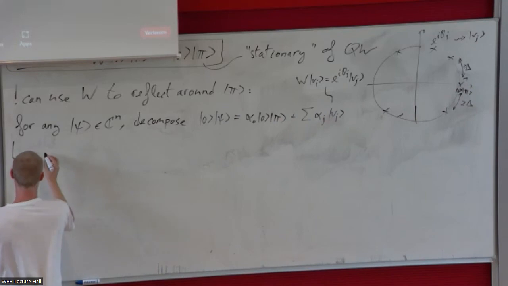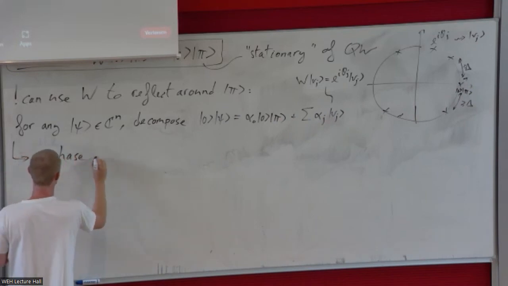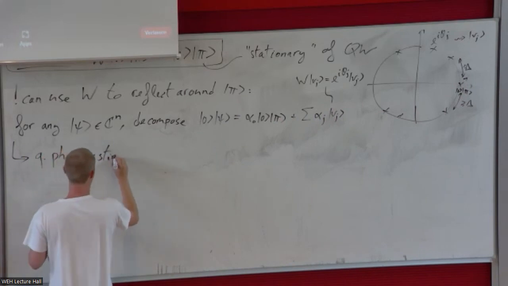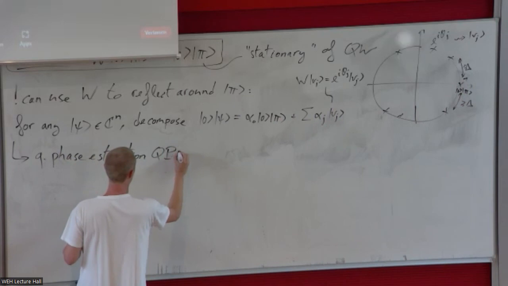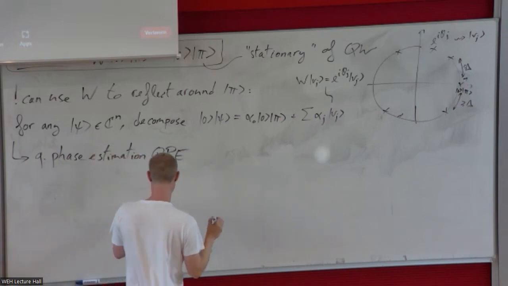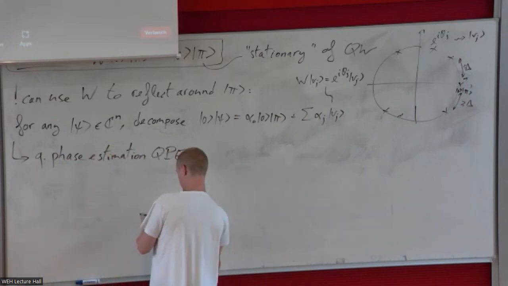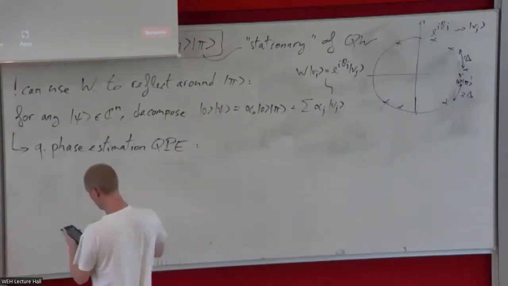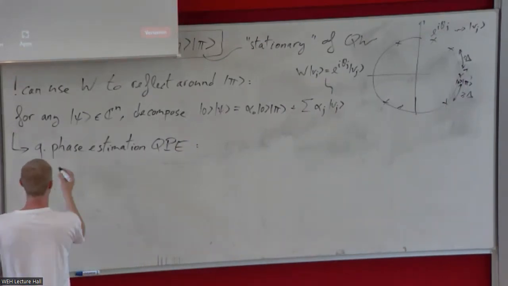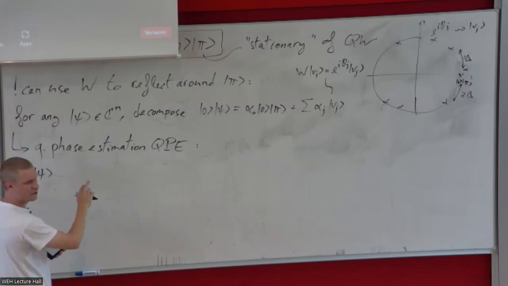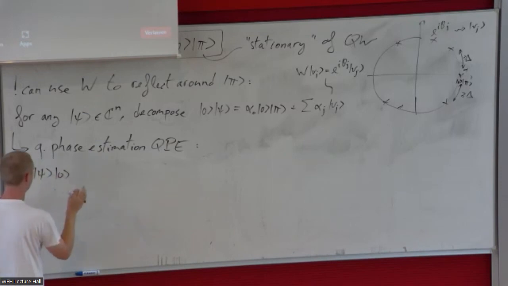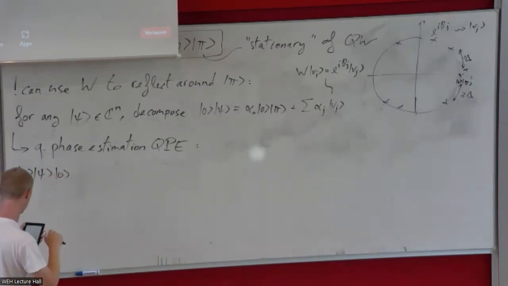So what we do is we use quantum phase estimation, and I'll recall what it does. We denote it by QPE, and it does the following thing, right? We take some initial state, like 0 psi, but now we add an extra register. Like this extra register is going to be where we kind of put the estimate of our eigenvalue.